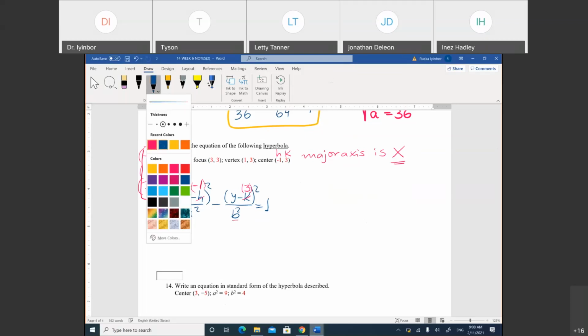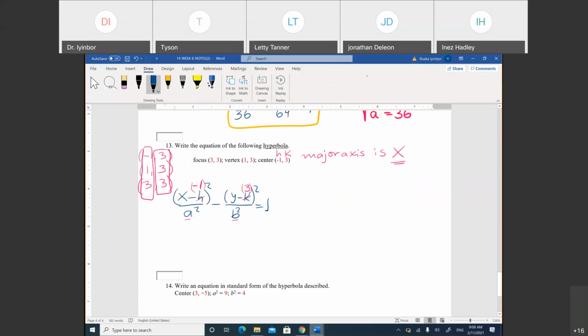We have given focus and vertex. So from the focus, we're going to find what letter, A, B, or C? Focus gives me C. Vertex gives me what? A. So vertex gives me A, focus gives me C.